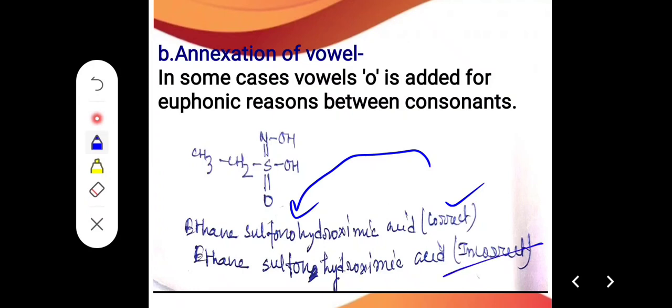Due to sulfonohydroxamic acid, there is a connection between the sulfone and hydroxamic acid in the spelling. If we consider sulfone hydroxamic acid, we may be confused that sulfone is one compound and hydroxamic is another compound. To avoid this confusion, we have to connect the two terms, sulfone and hydroxamic acid, by a single O. So the correct approach is ethane sulfonohydroxamic acid.